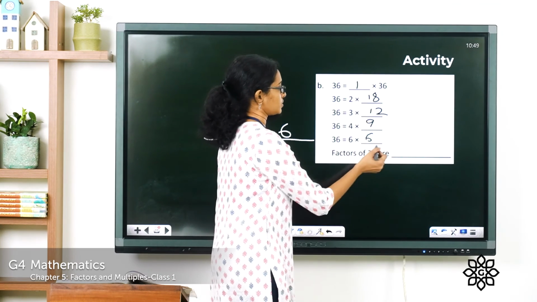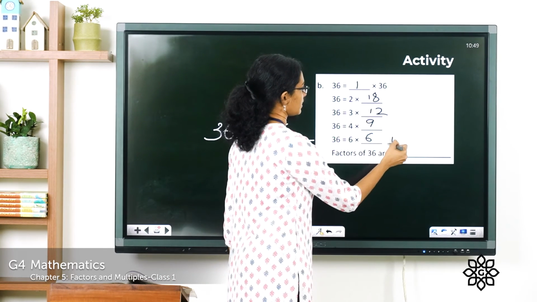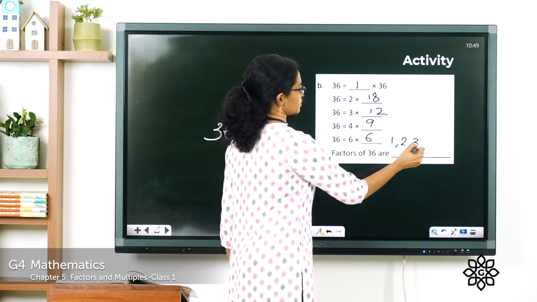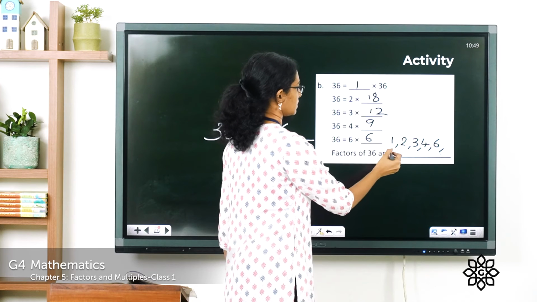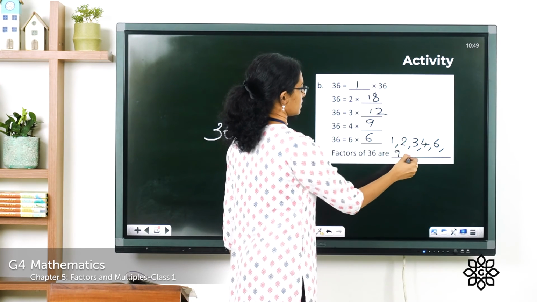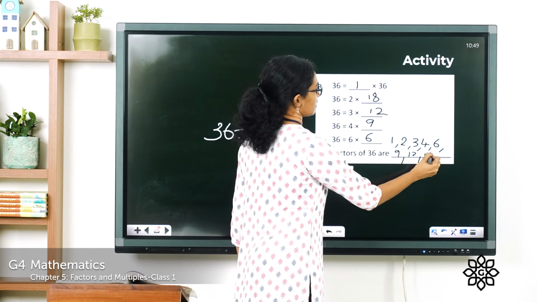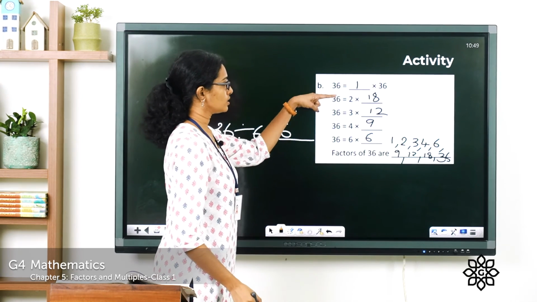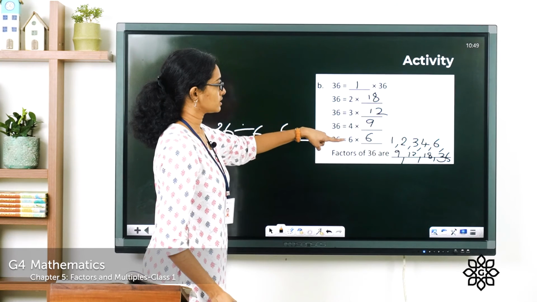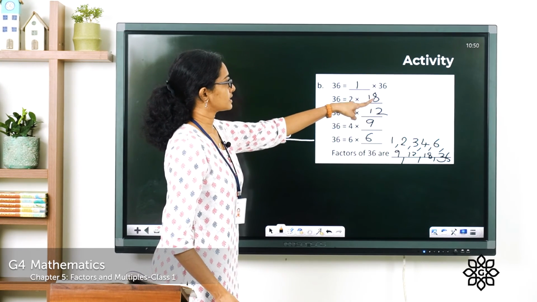Which are the factors? 1, 2, 3, 4, 6, 9, 12, 18 and 36.